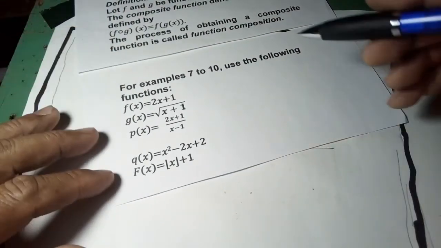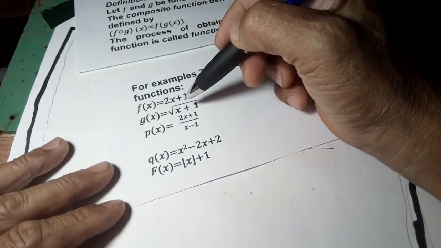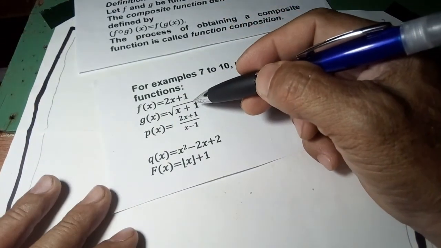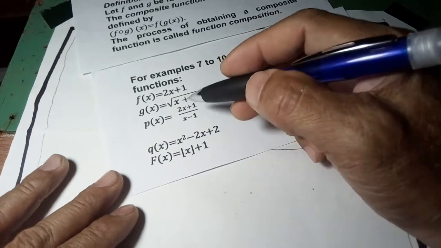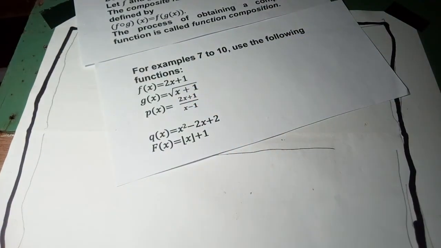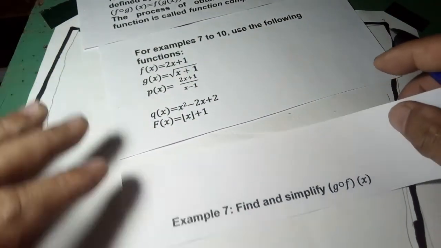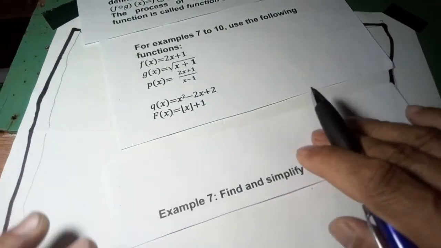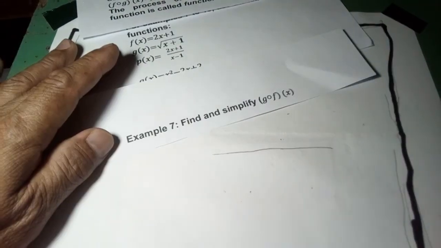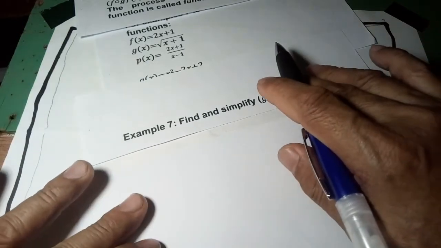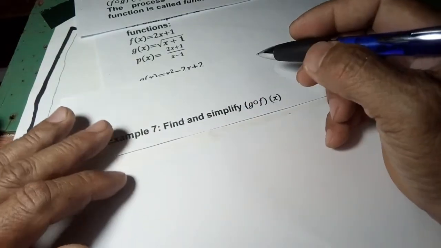Given the functions f of x equals 2x plus 1 and g of x equals square root of x plus 1. Let us find the composition g circle f of x.